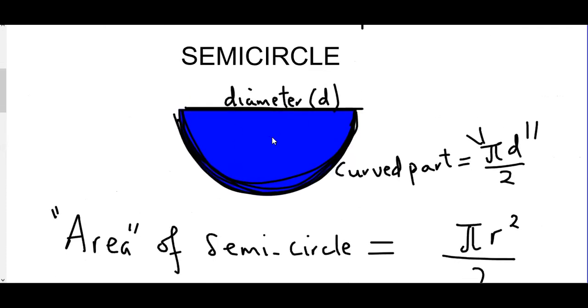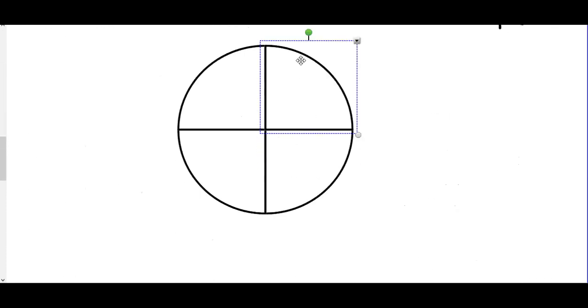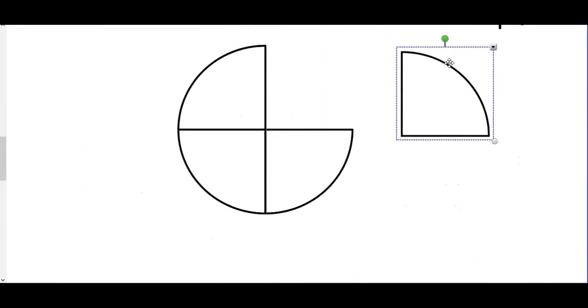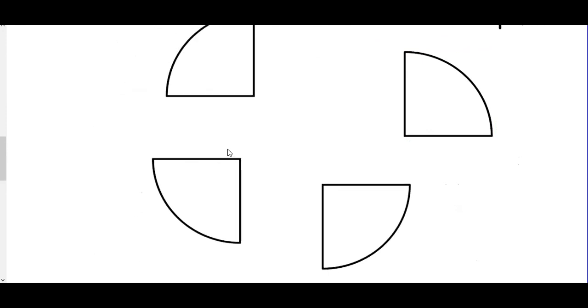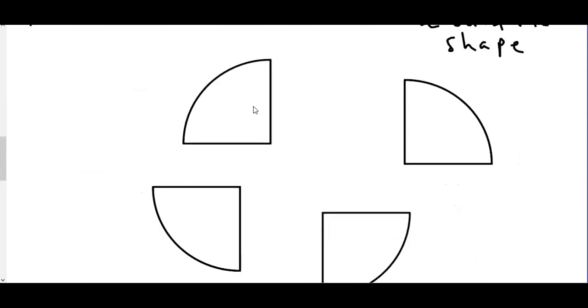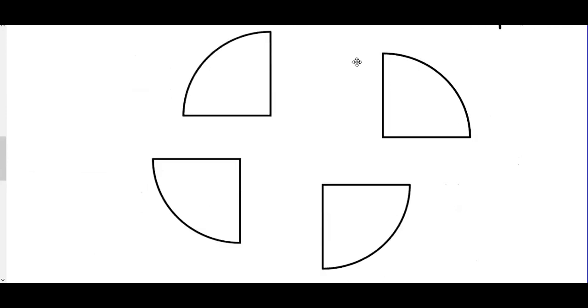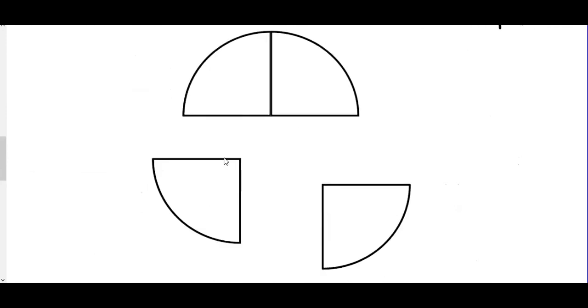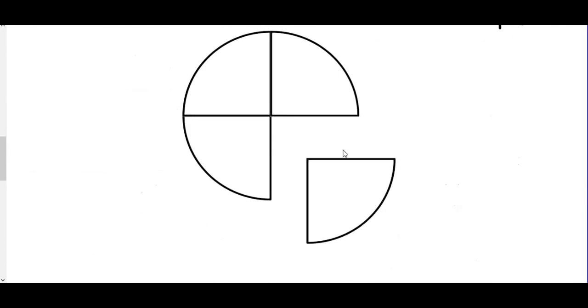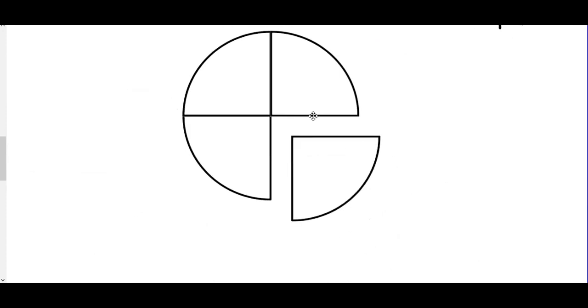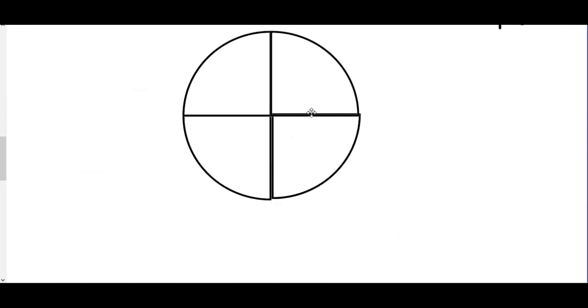How about a quarter circle? A quarter circle is this portion you see here. Can you see that? How many quarter circles are there? We have 4 quarter circles in a circle, and when you combine all of these together, you end up getting a circle. So a semicircle and a quarter circle are different.